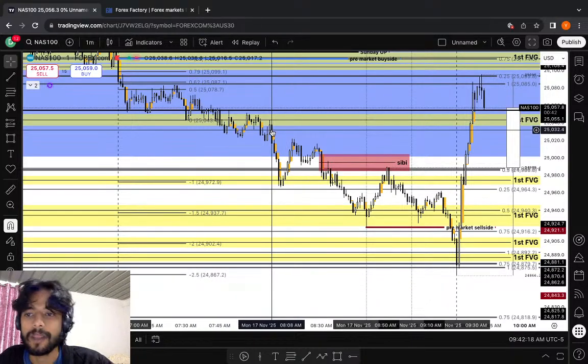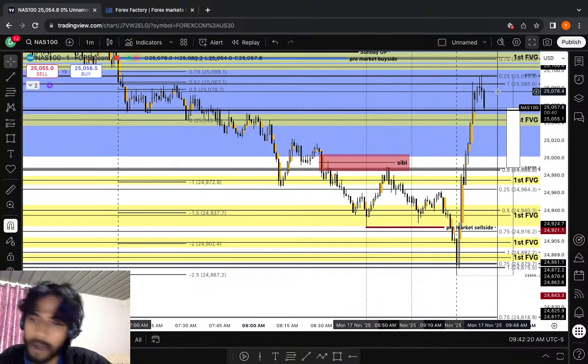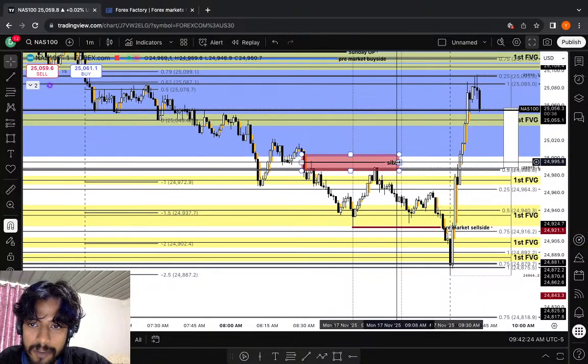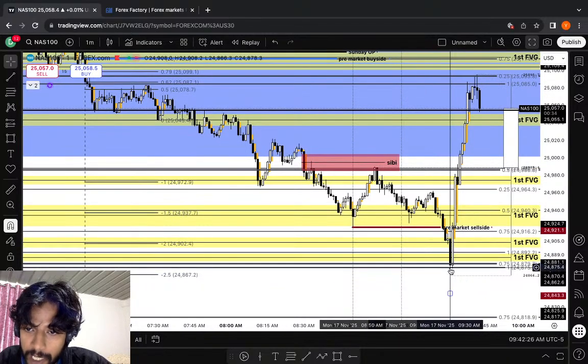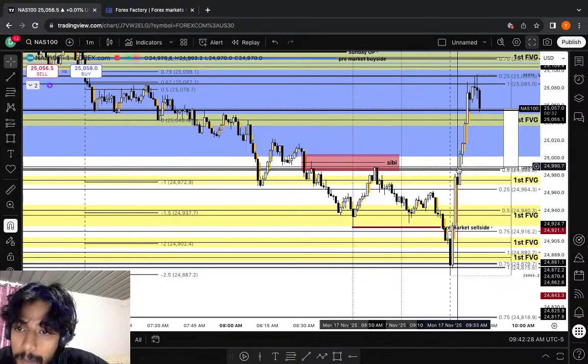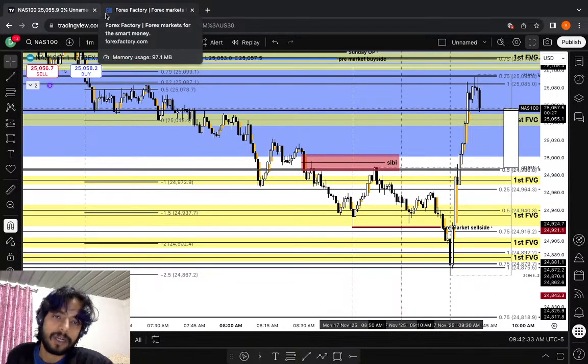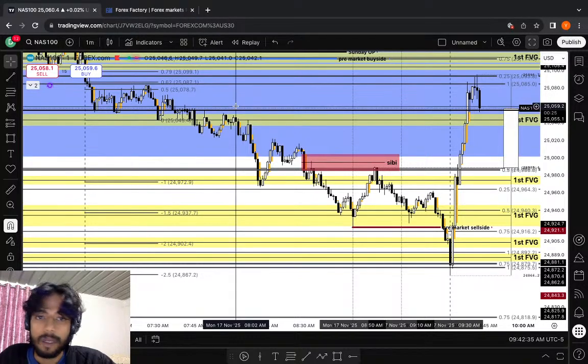I'm done for the day. I did not catch this whole move. I'm not here to tell you that I booked when price came inside this inefficiency, but I bought below the 930 opening price. So you are the better judge of whatever I made and whatever I did. That was it, and until next time, be safe, guys.